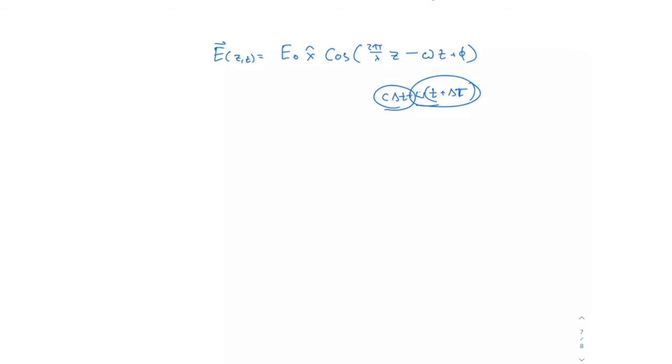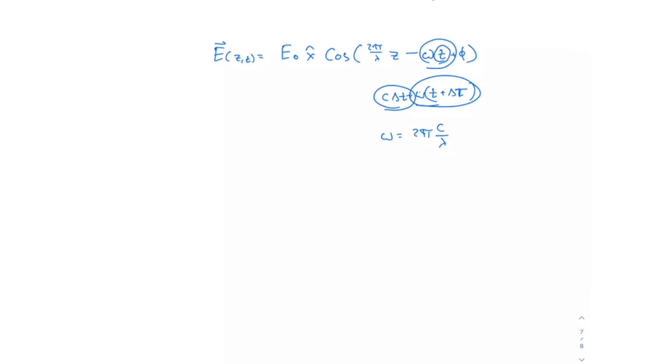Okay, now as t increases, z can also increase. And I know that when the time increases by delta t, the amount this should increase is 2 pi c delta t over lambda, which means omega must be 2 pi c over lambda.